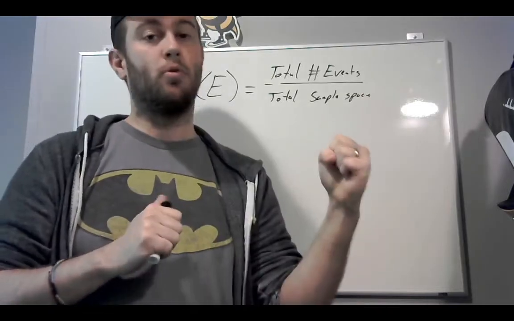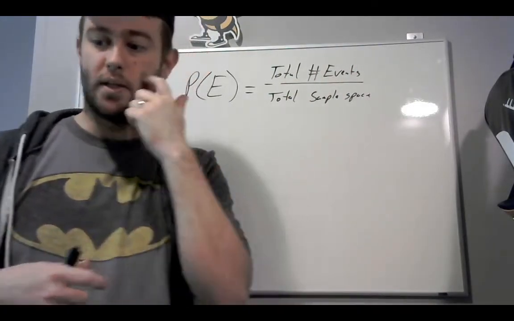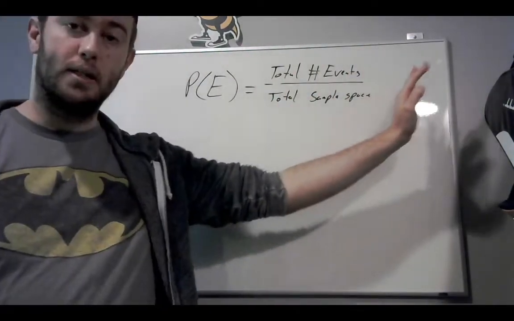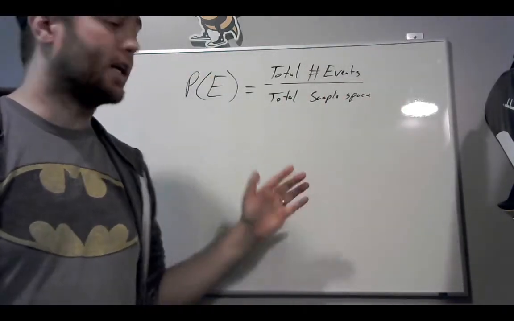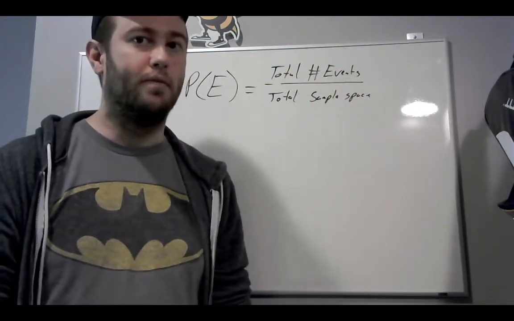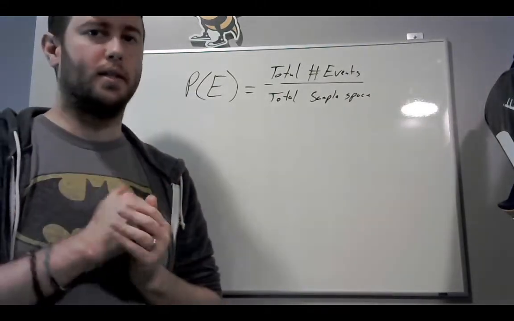So that decimal portion of part over whole gives you the probability of something to happen. So this is what we are going to be doing today. So I'm going to teach you a couple different ways of thinking about how to find the total sample space, how to find the total number of events, because there's complicated ways, there's easier ways to think about things.